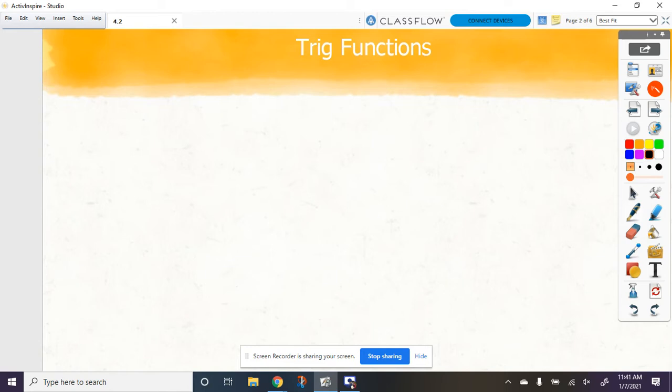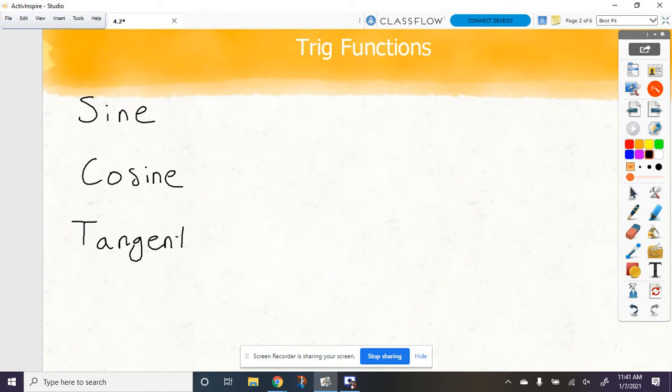But those are the three that we're going to use today. So you have sine, cosine, and tangent.